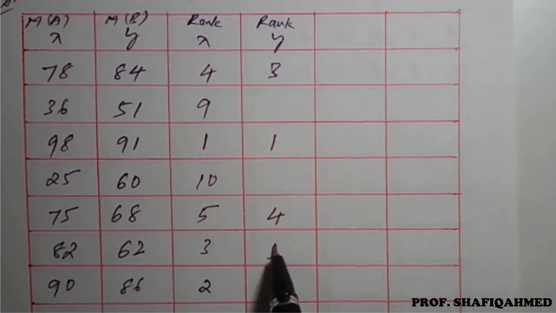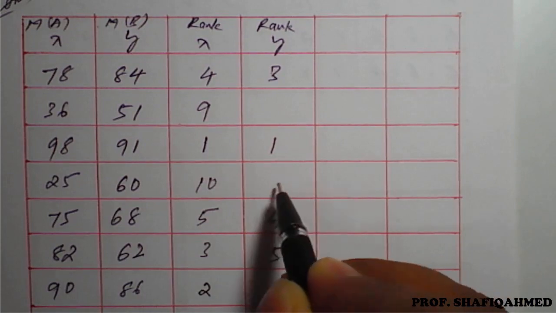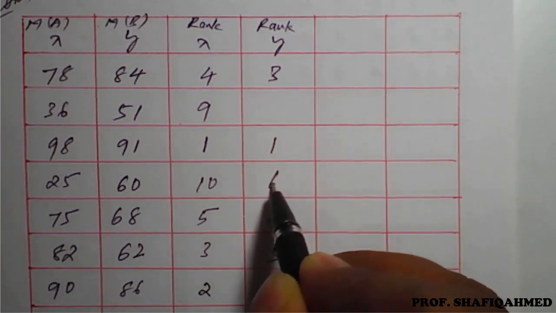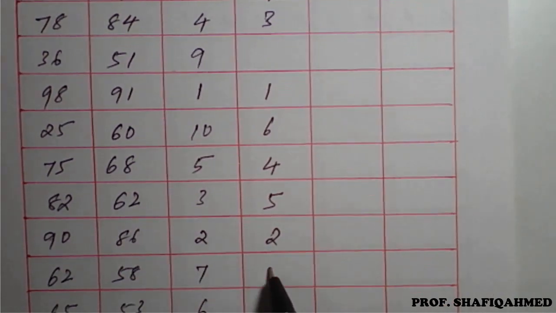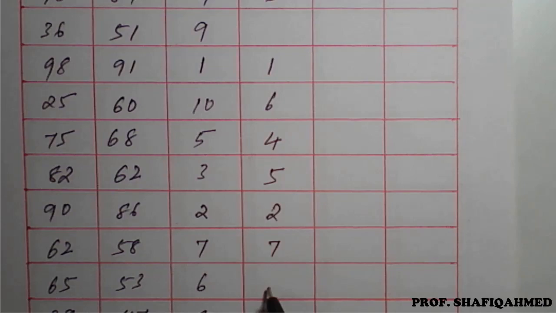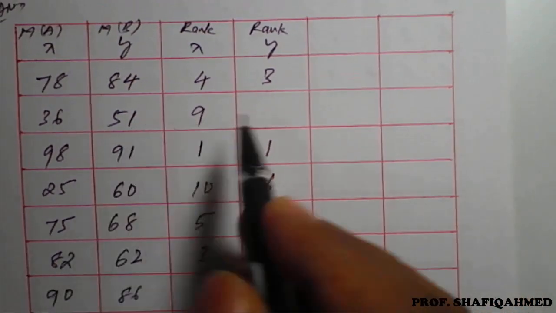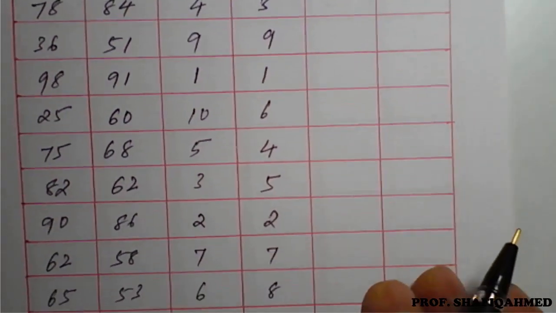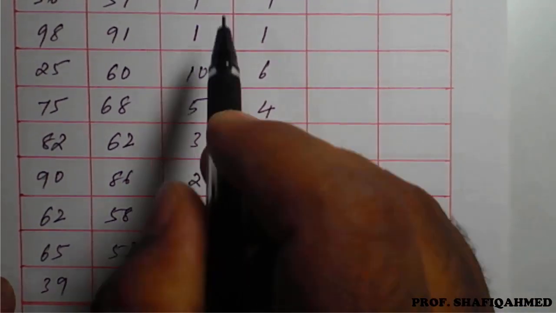Next, 62 is rank number 5. Then 60 marks is rank number 6. Then 58 is rank number 7. Then 53 is rank number 8. Then 51 will be rank number 9, and 47 will be rank number 10. So these are the ranks.